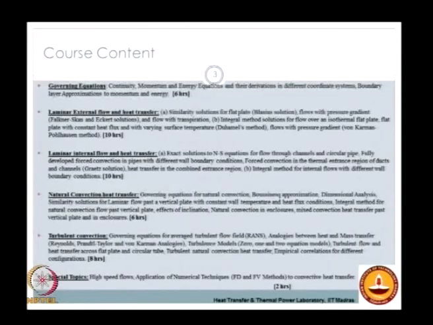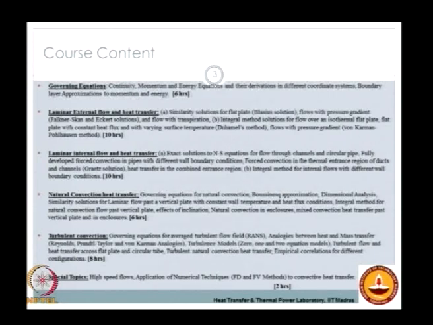Some of the famous analogies are the Reynolds, Prandtl-Taylor and von Karman analogies, and we'll look very briefly at turbulence models if time permits. Finally, we'll look at the empirical correlations, because most of the heat transfer problems cannot be solved analytically in turbulent convection, and therefore quite a few empirical correlations exist for different configurations.